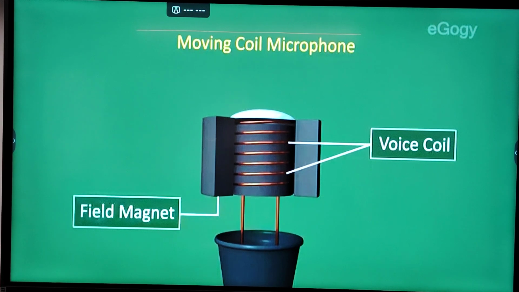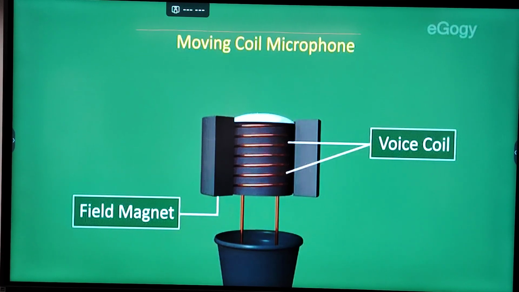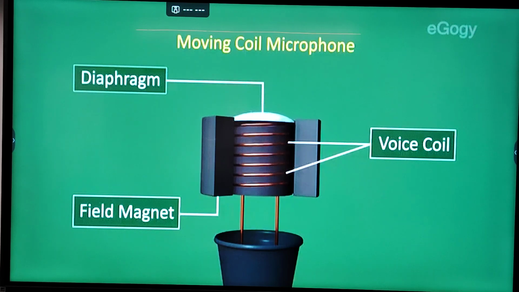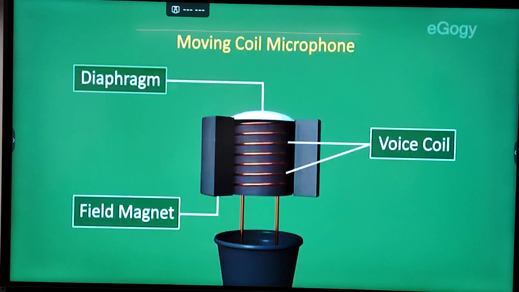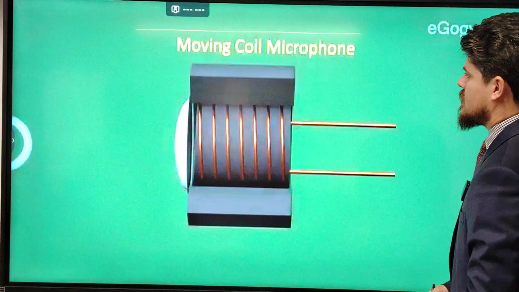This coil is connected to a diaphragm. Let's see how the microphone converts sound signals into electrical signals.